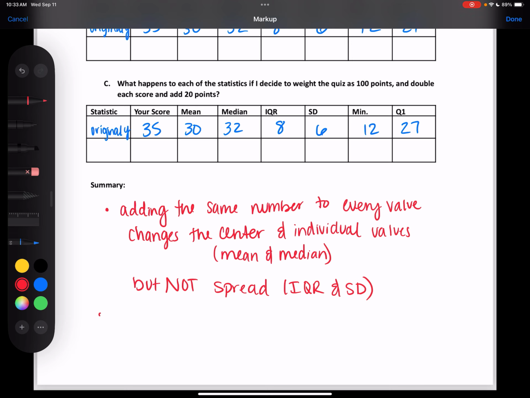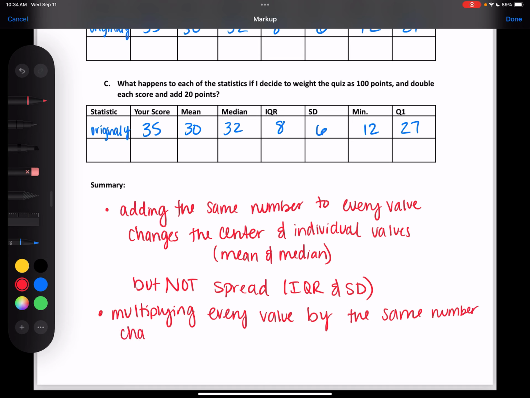However, multiplying every value by the same number changes the center and individual values, meaning the mean and the median.